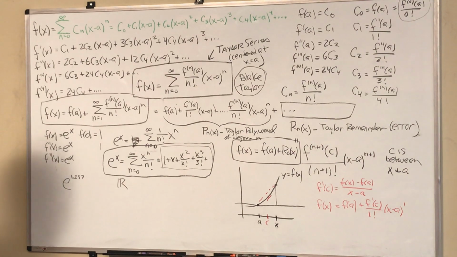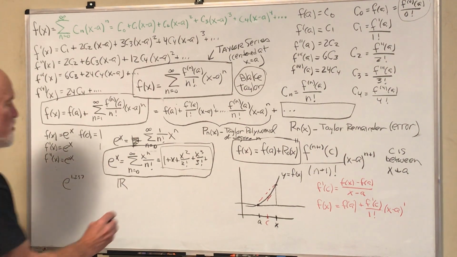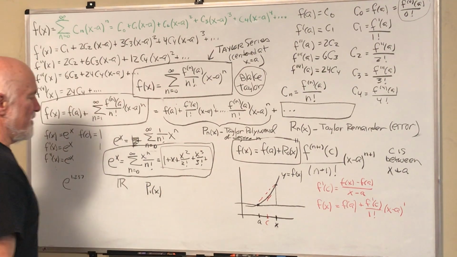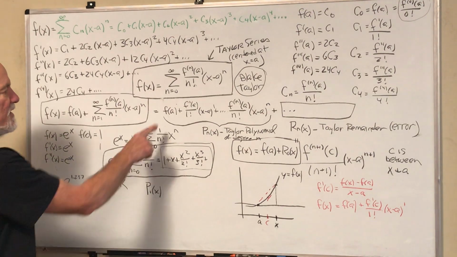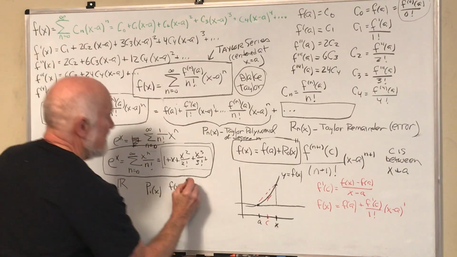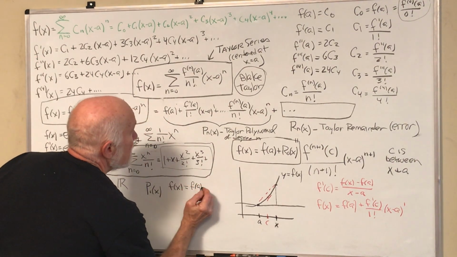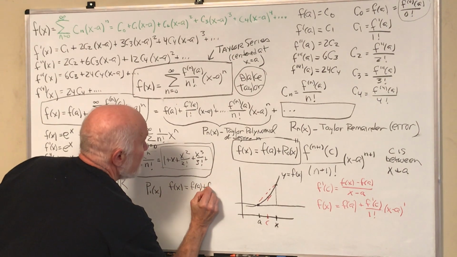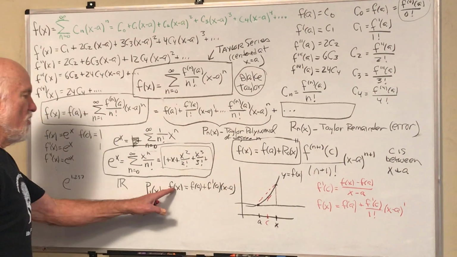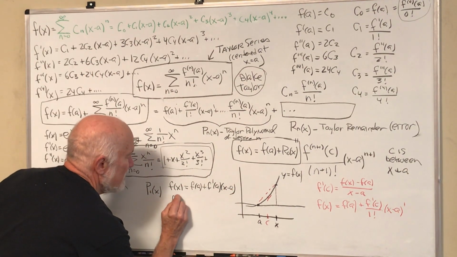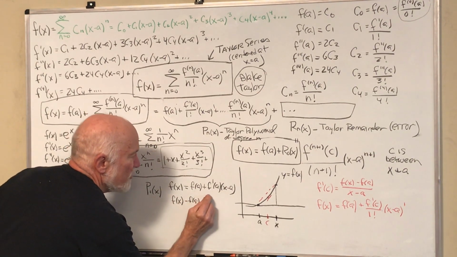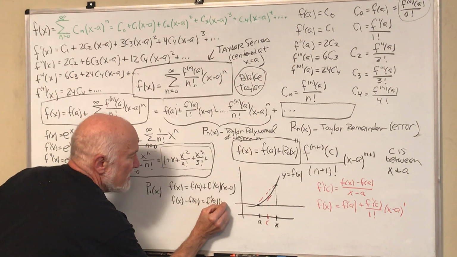And then one other quick thing that I wanted to show you. What would happen if you use a first degree Taylor polynomial? Then what do you have? You would say f of x equals f of a plus f prime of a times x minus a. Or just rewriting it a little bit, you have f of x minus f of a equals f prime of a times x minus a.